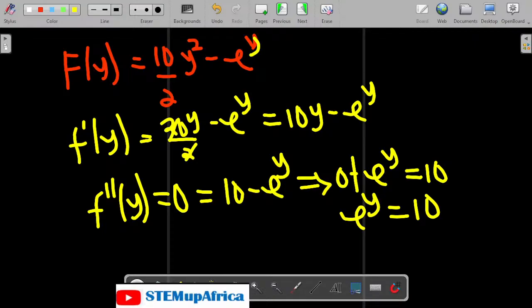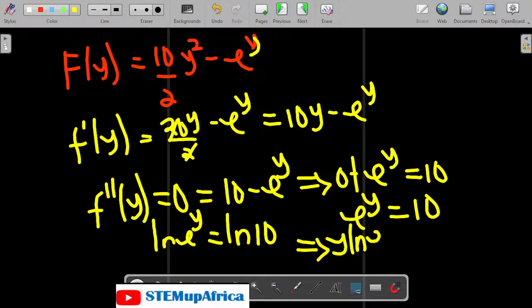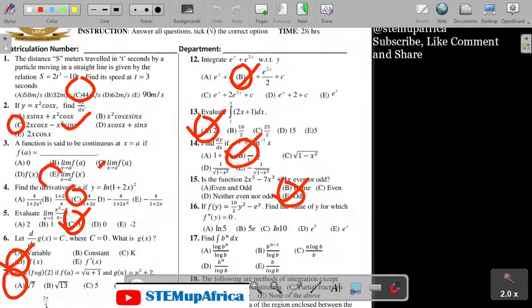So I will have ln of exponential y equals ln 10. So my y will go back into the law of logarithm. I'm having y ln e is equal to ln 10. Ln e is 1, which is log e base e. Therefore, my y is simply ln 10. Let's go back. The answer to that question is option C.